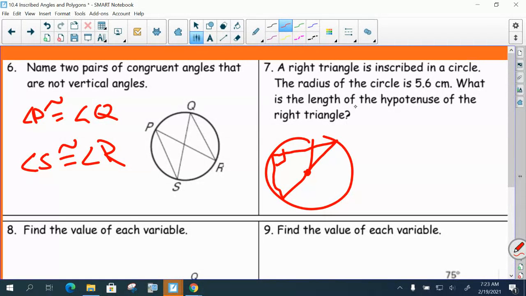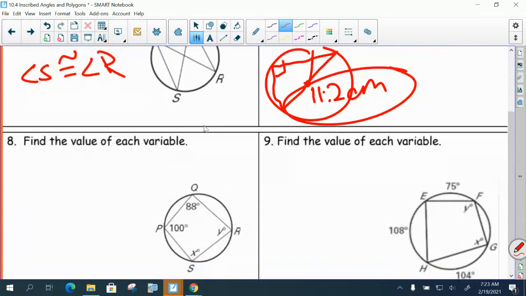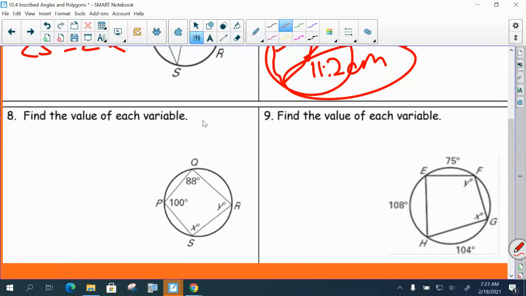The radius of the circle is 5.6, therefore the hypotenuse would be 11 point, what's 5.6 times 2? Okay, yeah, 11.2. And then what is the length of the hypotenuse of the right triangle? Oh, that was the question. Okay, that was easy. And that was related to a theorem. If you go back to your theorems, that was related to 10.3c.